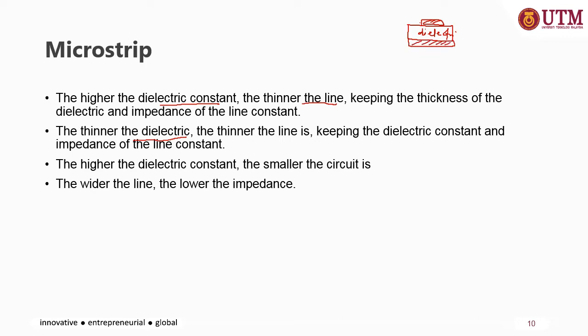So the thinner the dielectric, the thinner the line is, keeping the dielectric constant and impedance of the line constant. While the higher the dielectric constant, the smaller the circuit is, and the wider the line, the lower the impedance. Okay, we are going to look at the effect of those parameters in the later session.